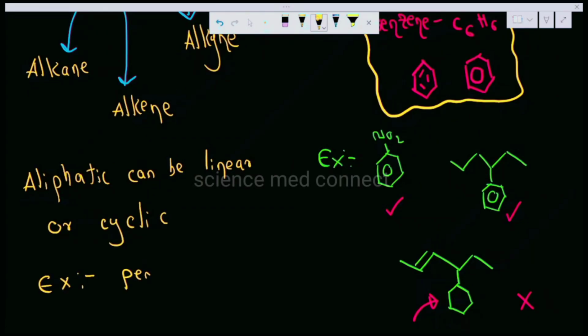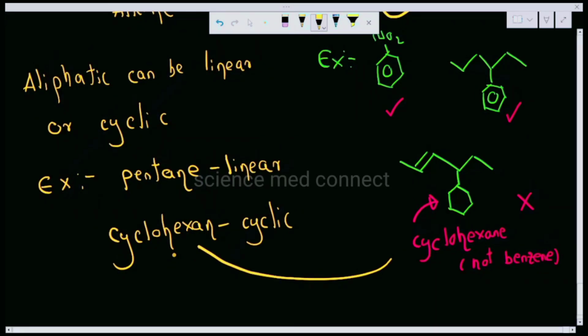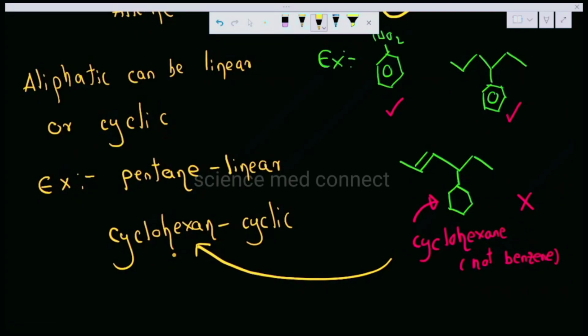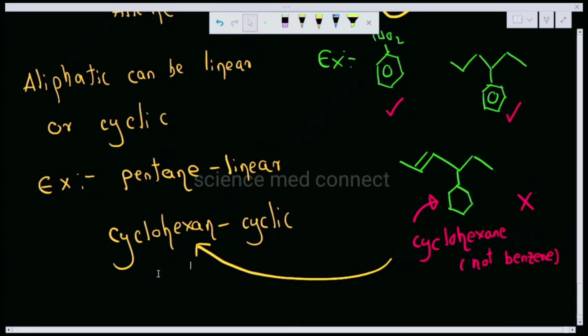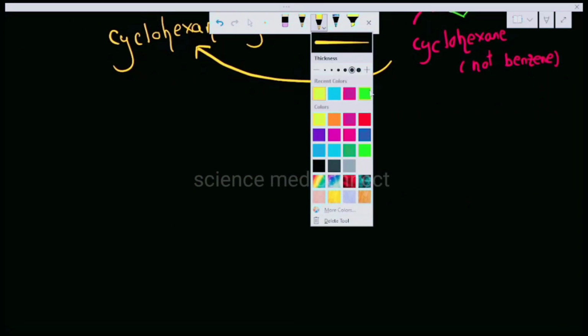For example, pentane is a linear molecule and cyclohexane is a cyclic compound, but pentane and cyclohexane are both aliphatic compounds. That means aliphatic compounds can be linear and also can be cyclic.